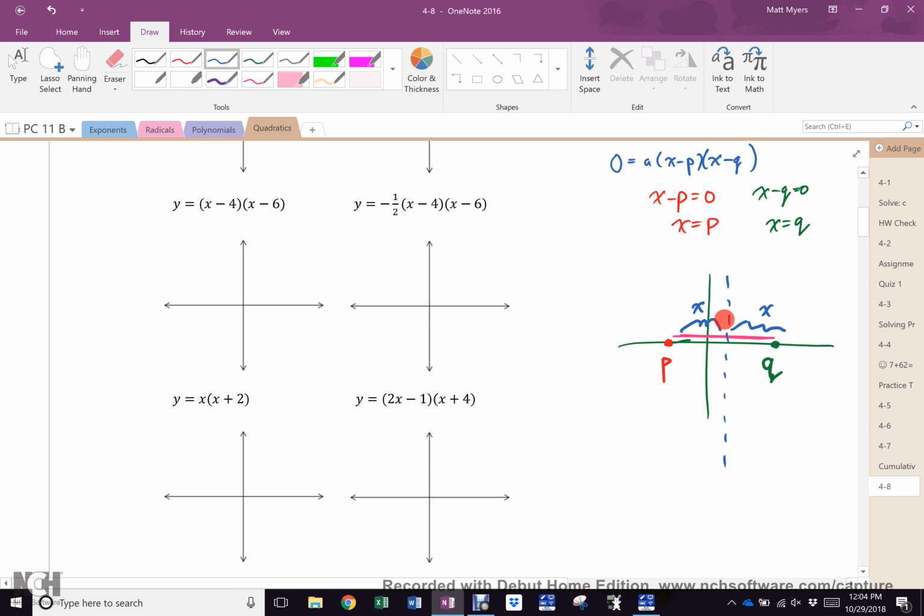So, does that not mean that the vertex is exactly between the roots? Right? So if this distance from here to here is p, and this distance from here to here is q, what does that tell us?